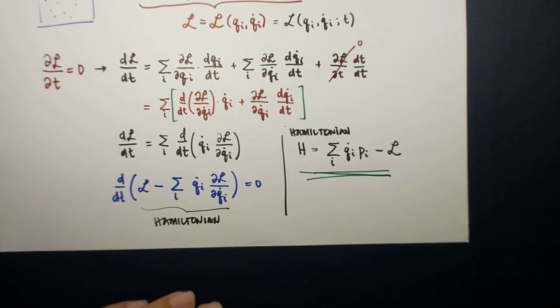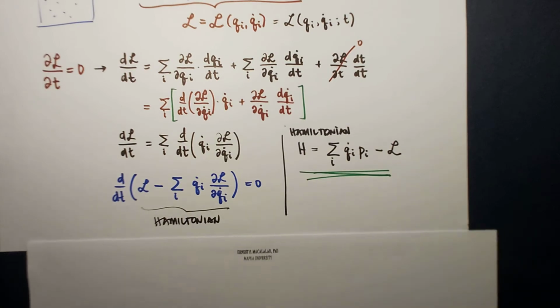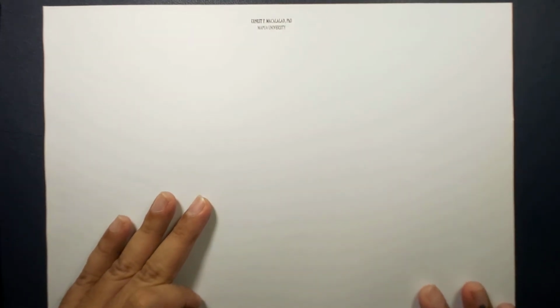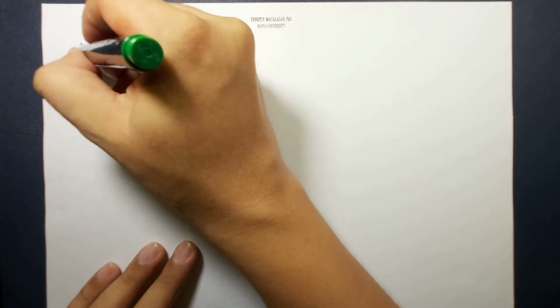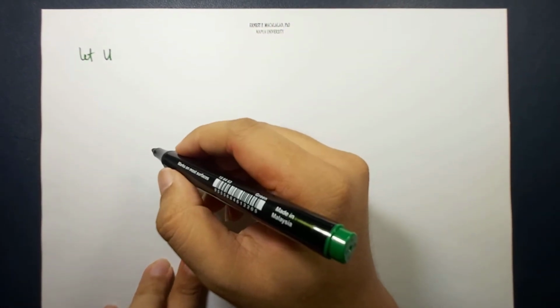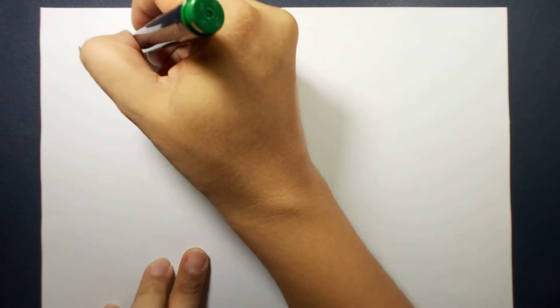Now, let's say that the potential energy of your system is only a function of your coordinate.